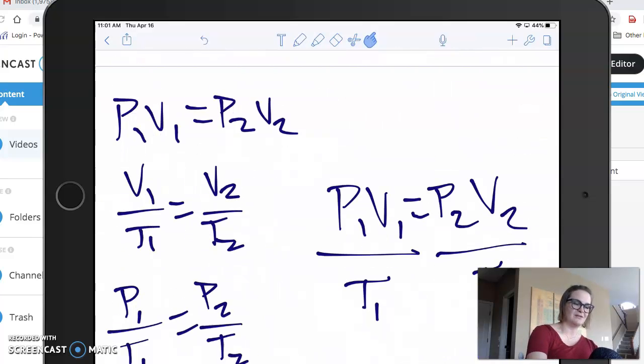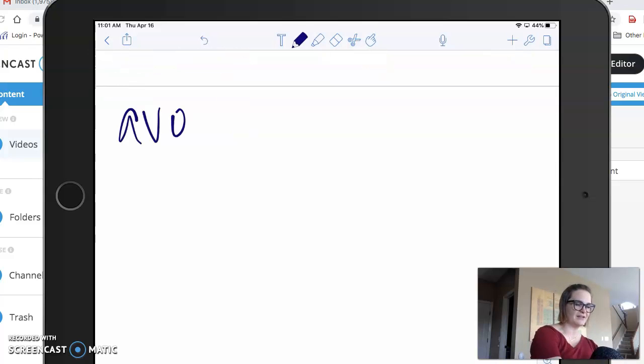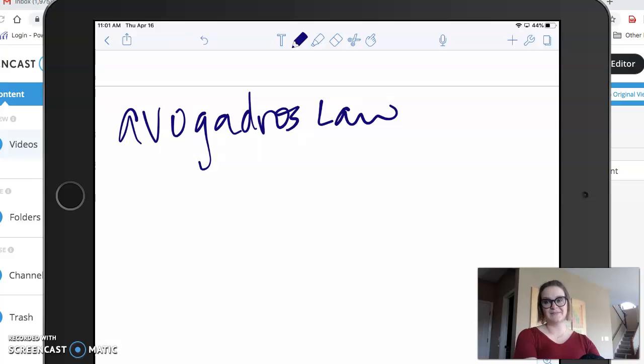I do want to mention probably the world's most annoying law, one last one. This is called Avogadro's Law. Where have we heard him? Yep, he dealt with moles. This one drives me nuts. He figured out, or this law pretty much states that if you take a balloon and you put more gas in it, what happens to the volume?